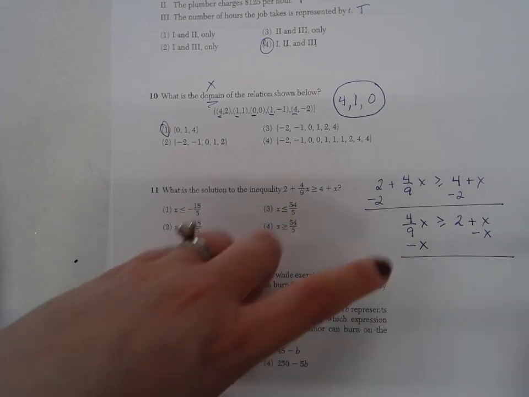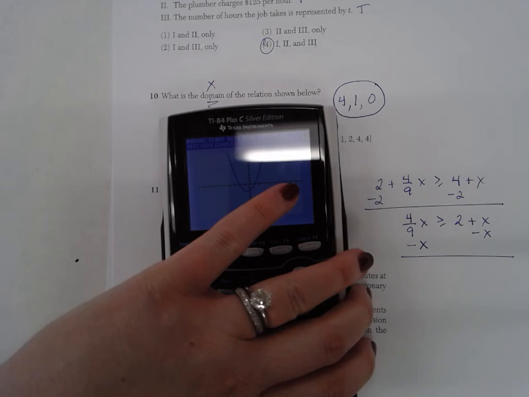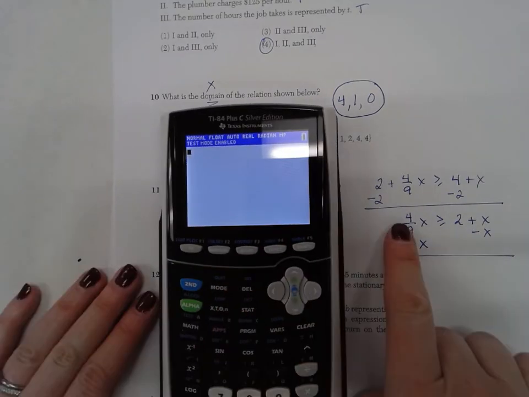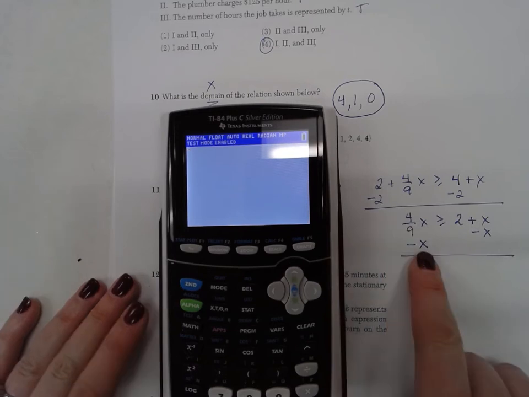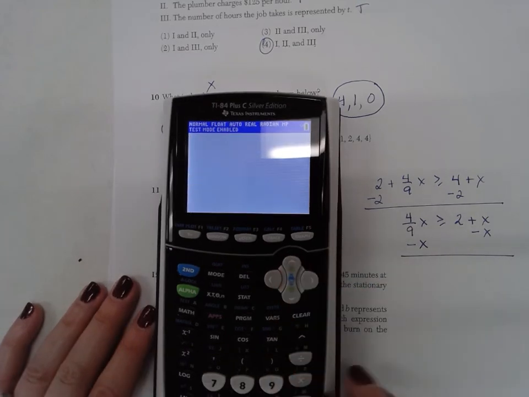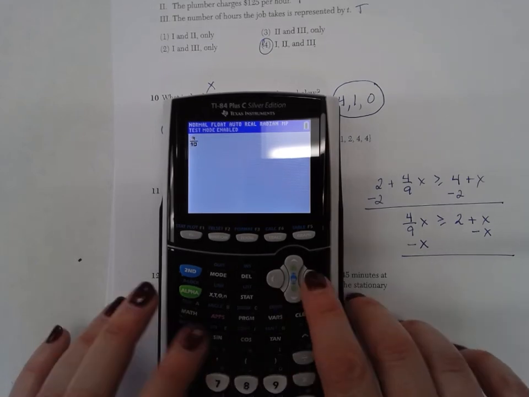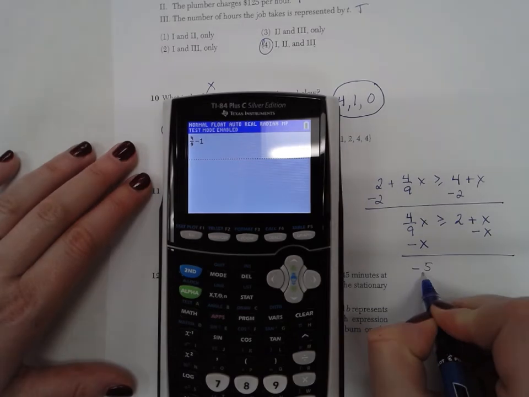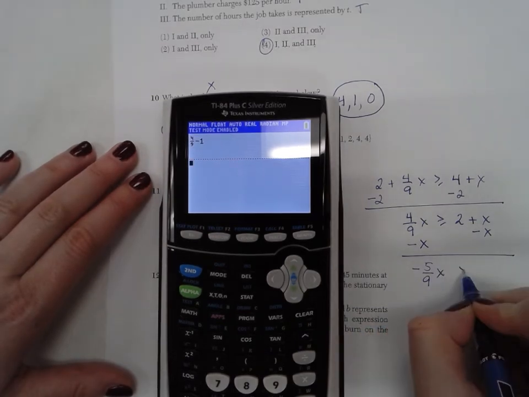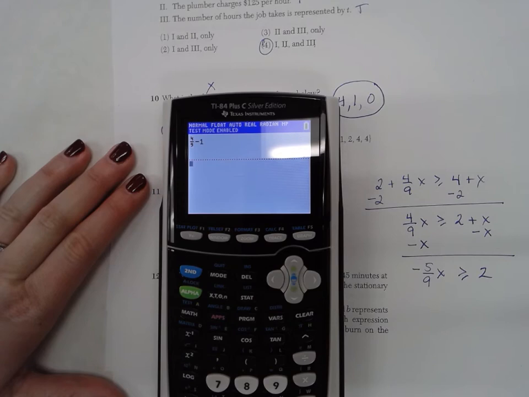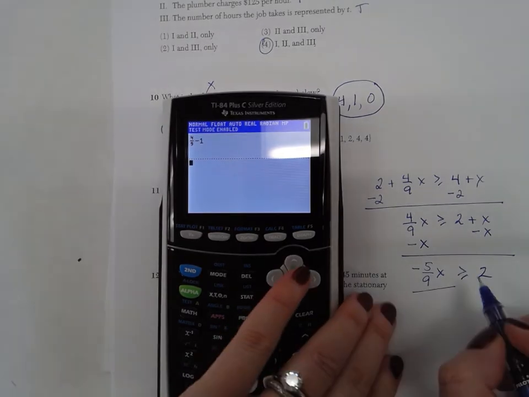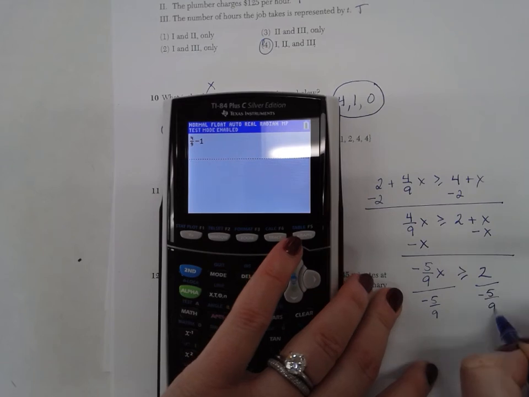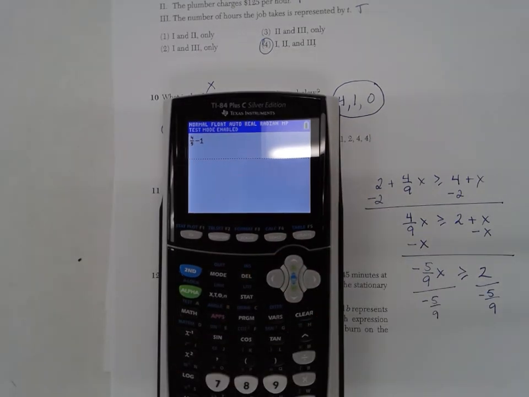For this, I'm going to get my calculator out. So on my calculator, 4/9 x minus 1x. I'm going to do alpha 1. So I'm going to do 4/9 minus 1. And I've got negative 5/9, don't forget your x, greater than or equal to 2. So now I need to divide by negative 5/9. I'm just going to do this very carefully on my calculator.